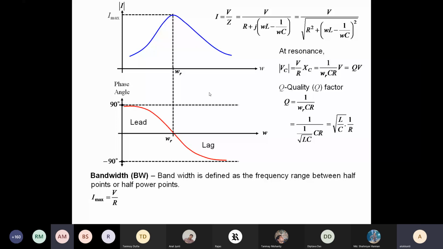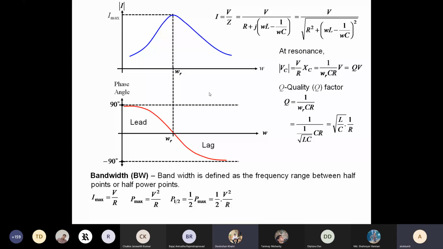So the half power means the power is exactly half of the maximum power, that is, V square by 2R. What do I mean by half power? It means where the power is exactly half the maximum possible power.